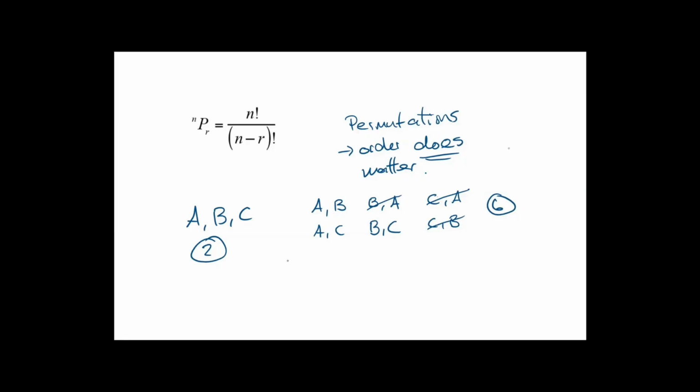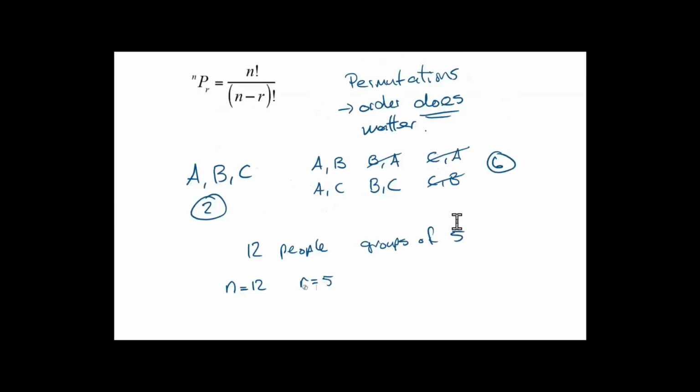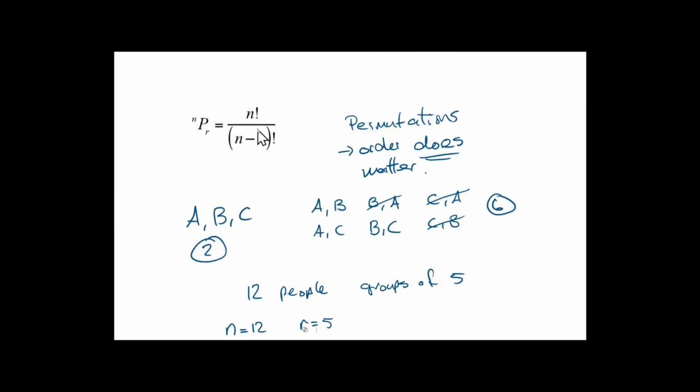All right, let's have a look to see how many different permutations there would be if we had our 12 people and we wanted to put them into groups of 5. How many groups of 5 could we make if the order of those people mattered? Now, N is going to be 12, R is going to be 5, and it's going to get pretty gruesome there.